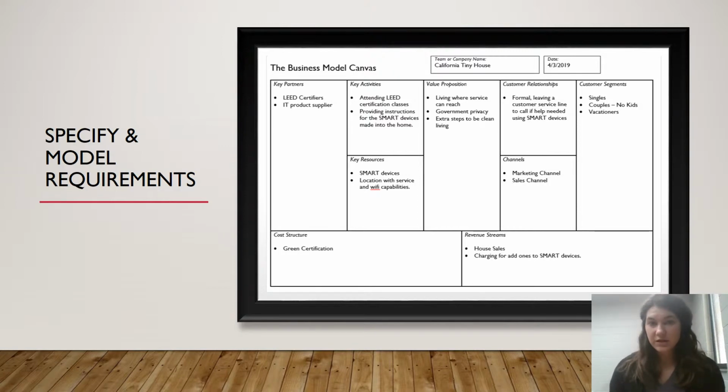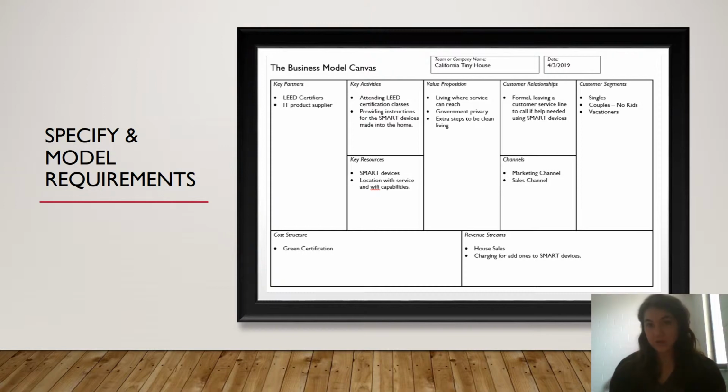Moving over to key activities, attending lead certification classes is something we're going to have to do, and providing instructions for smart devices made into the home to help along with the process of transitioning to a smart home.